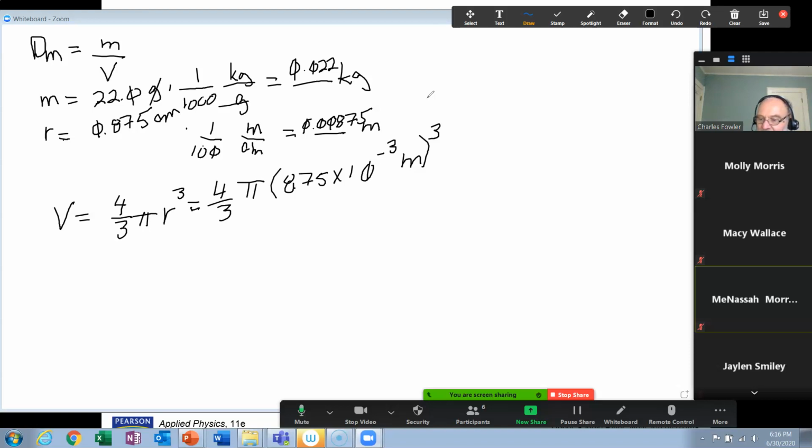Okay, times, now we've got to enter our radius. Again, I think it's a good idea to open a parentheses here, and you'll do 8.75 EE or EXP if that's on your calculator, and then in my calculator I do a 3 plus minus, minus 3, close parentheses, and there's your 0.00875 just like we had, cubed.